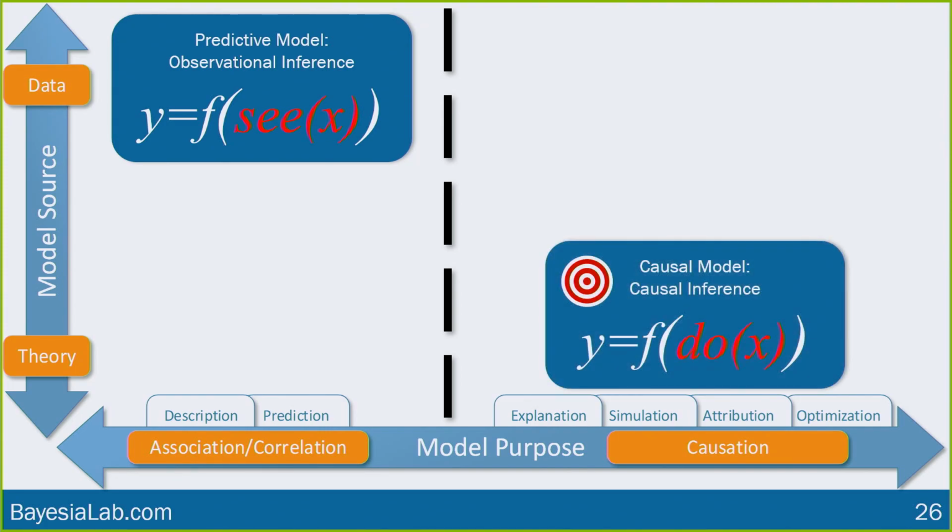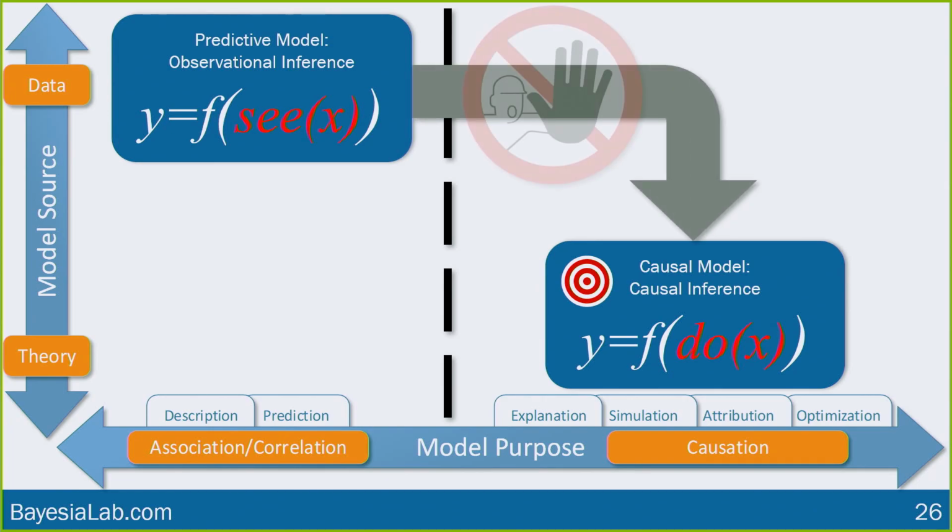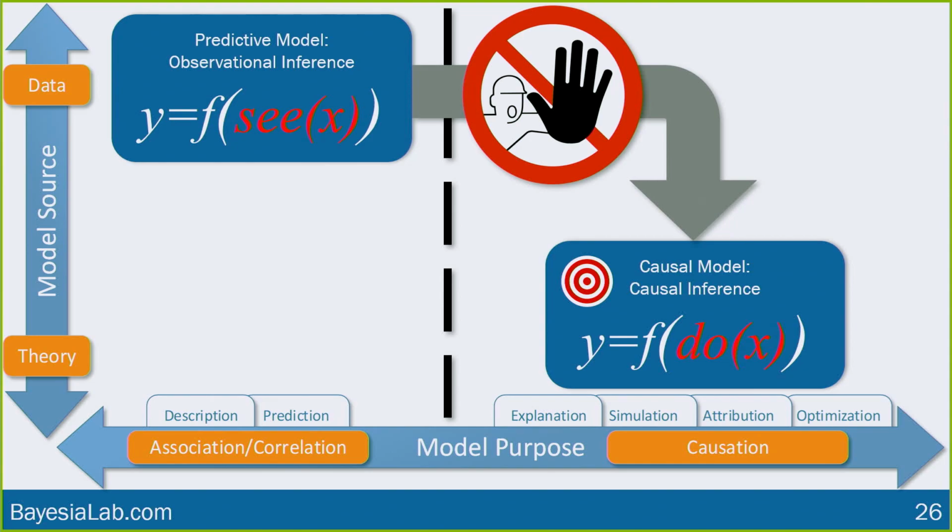As opposed to what we are after here, our target: we want to infer given that we do. So this box is here on the right-hand side, on the causal side, and it is positioned further down because what is not possible is to generate a causal model just from data. With a causal model, and here I'm emphasizing the do X, we are actively setting X to a value of our choice.